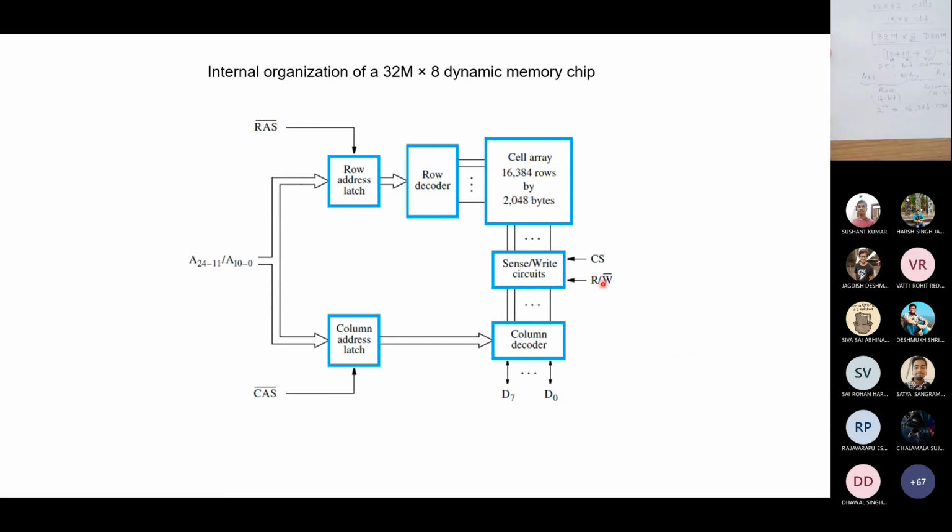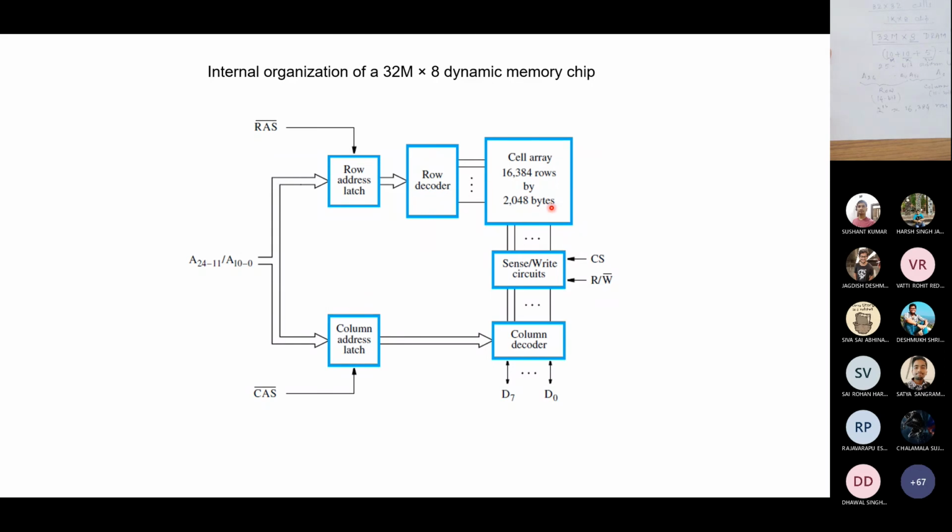That's why on top you can see 16,384 rows, and each row contains 2048 bytes. But you do not need 2048 bytes to be decoded or required at the output stage. You only require 8 bits. So only 8 bits or 1 byte will come out of these 2048 bytes.